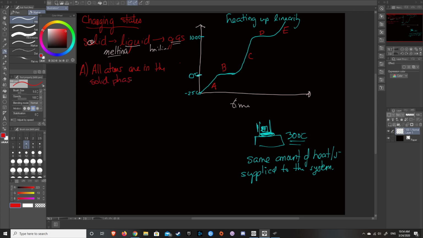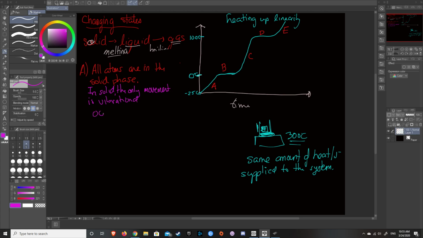So if we increase the temperature, in the solid phase, the only movement is vibrational.